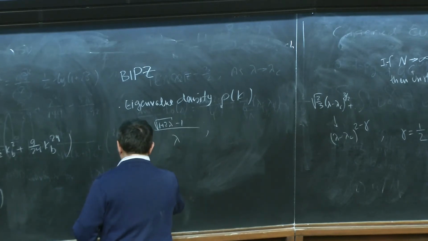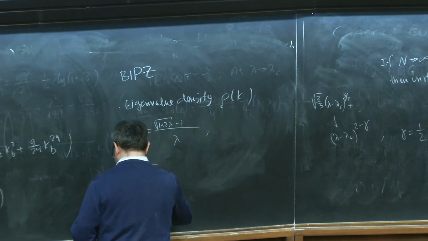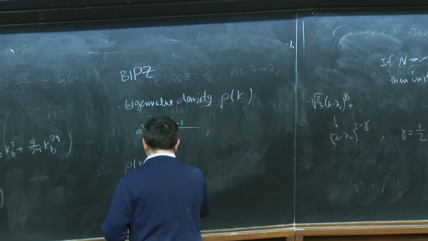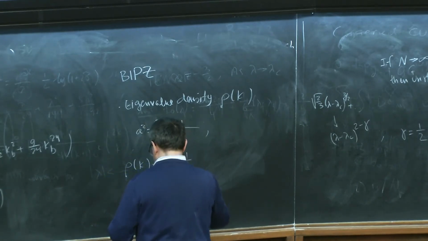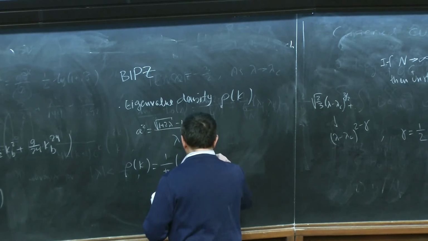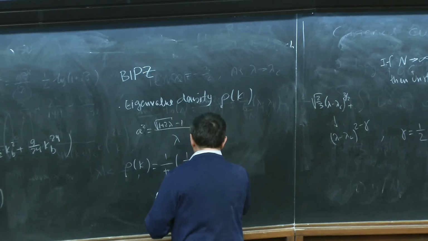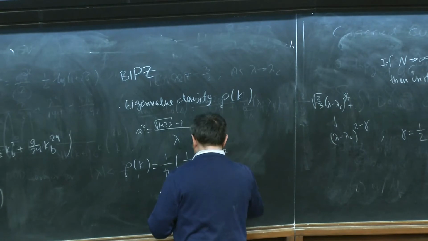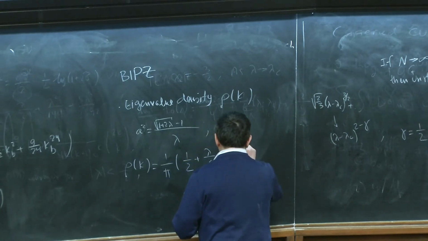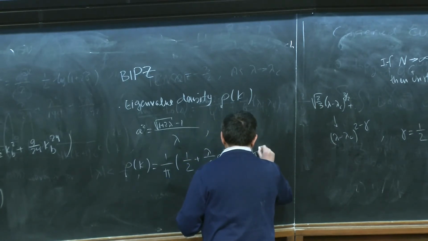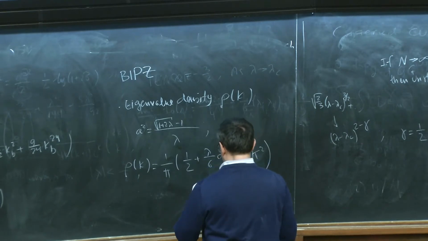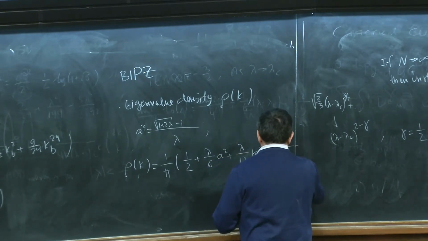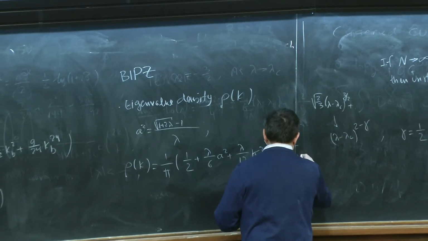And then rho of kappa is found to be 1 over pi, times 1/2 plus lambda over 6 a squared plus lambda over 12 kappa squared, times the square root of 4a squared minus kappa squared.